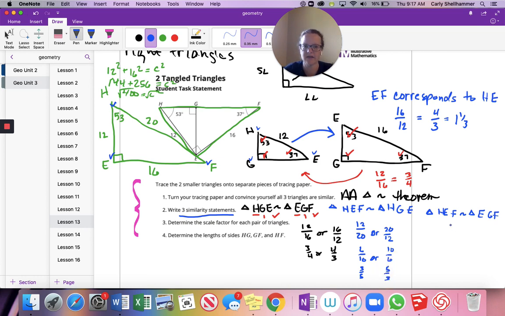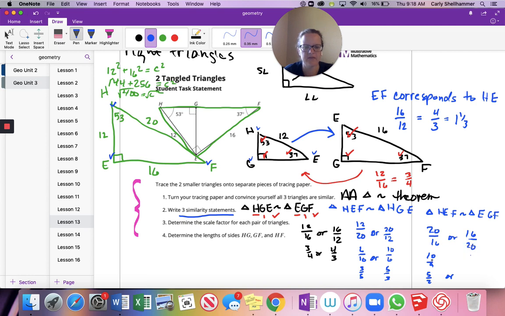And then the next set of scale factors, and that's the big and the medium. I can do, sorry. That's not working. I was trying to undo my scribbles. Sorry, we're going big to medium, so my numbers are 20 over 16 or 16 over 20, which simplifies again, 5/2, or I'm just cutting them in half.